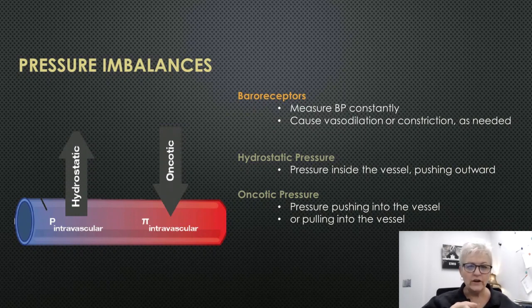Okay, that's called oncotic pressure when it pulls fluid into the vessel. Now, those are going to be fluid shifts all the time. We are constantly shifting fluid because we're like 68% water. So we've constantly got fluid shifting back and forth to maintain that state of balance.